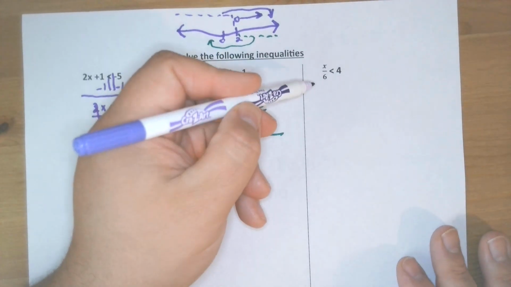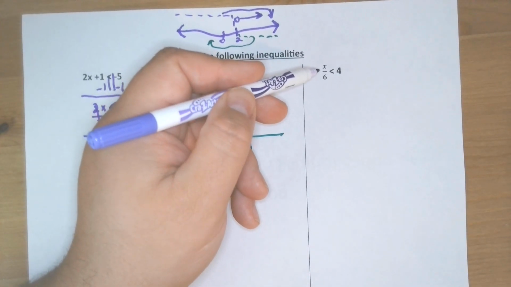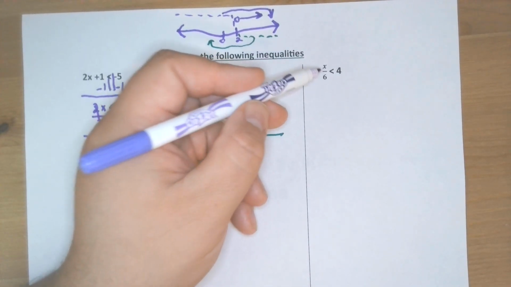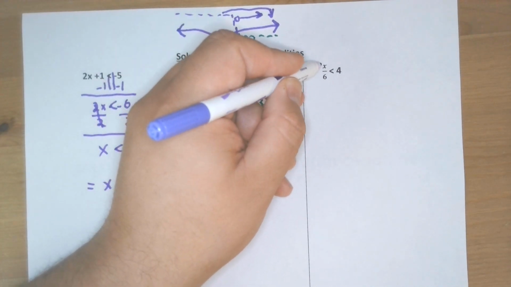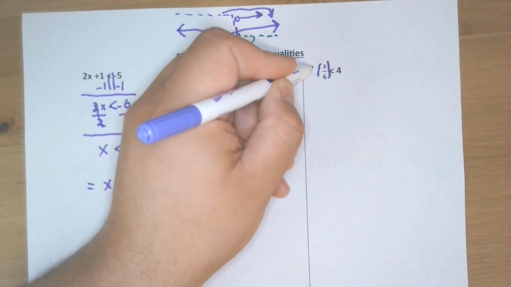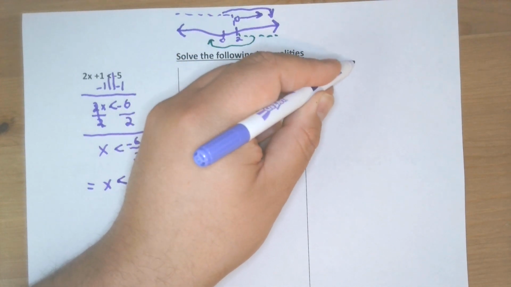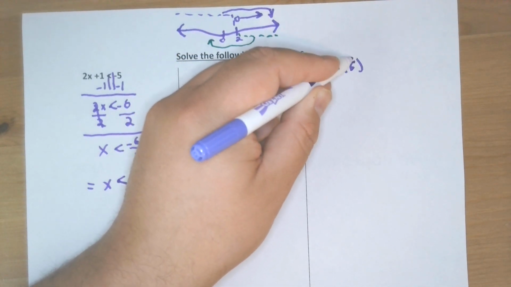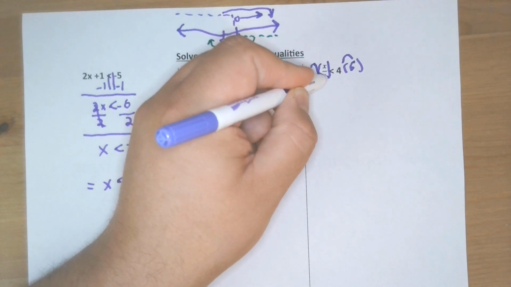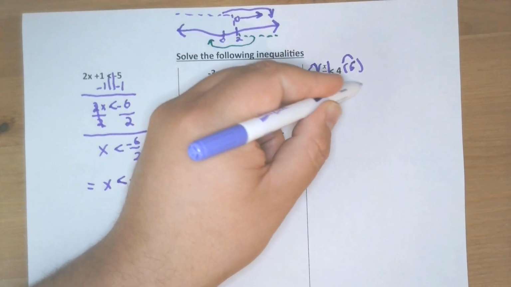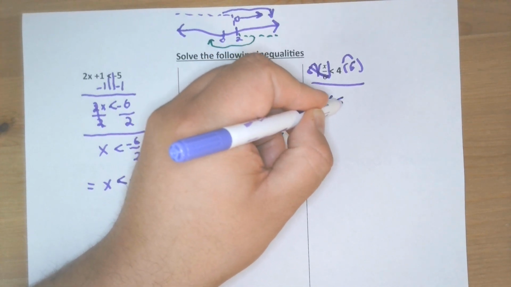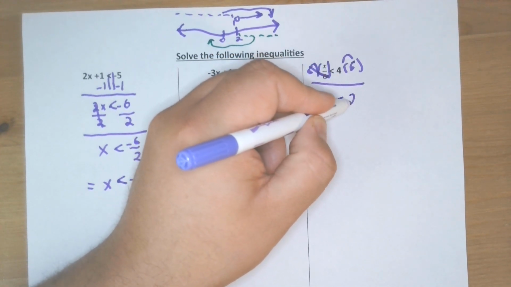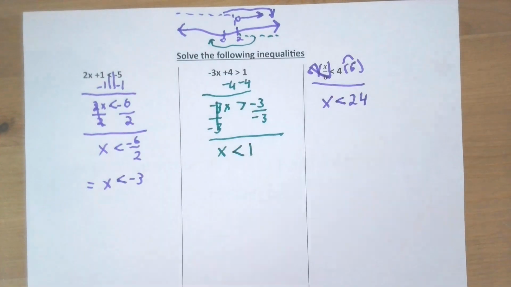Let's work with this third one. This is our example of when I'm going to multiply, and it works basically the same. I'm going to multiply both sides by 6. That cancels there, leaving me with x is less than 4 times 6, 24. Very straightforward.